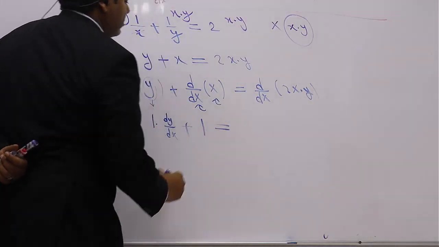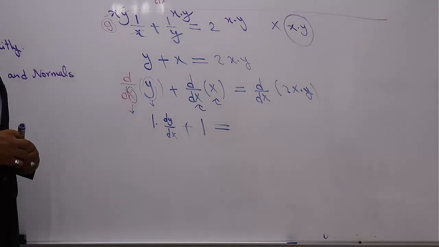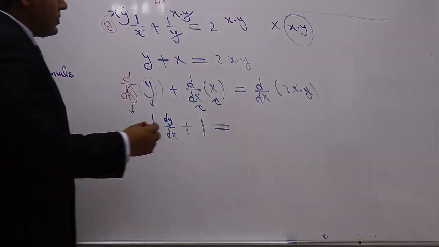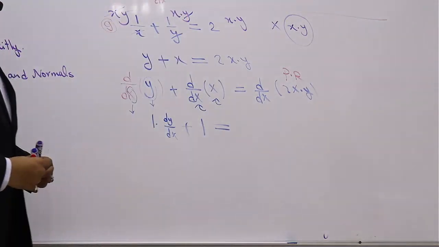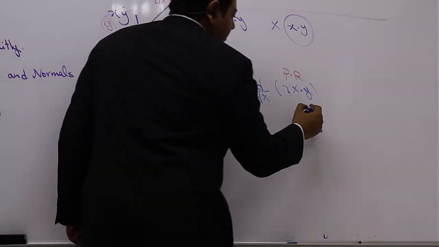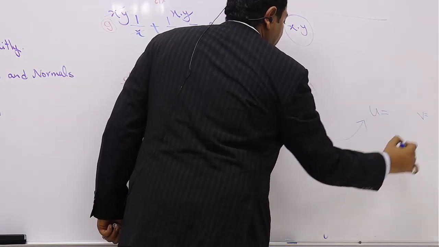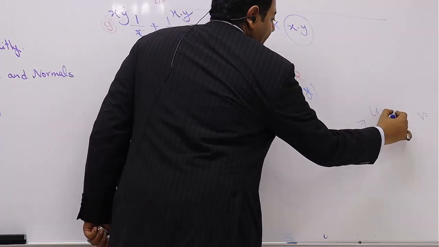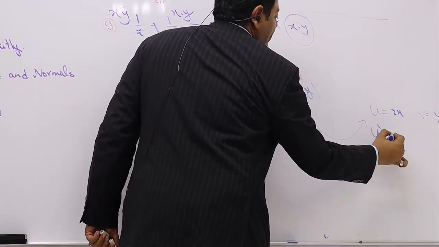It's equal to. Now here, d with respect to x for x times y, this is the product rule. So I can divide this to be like that, u and v. In u, I have x. In v, I have y. Differentiate each of which with respect to x.